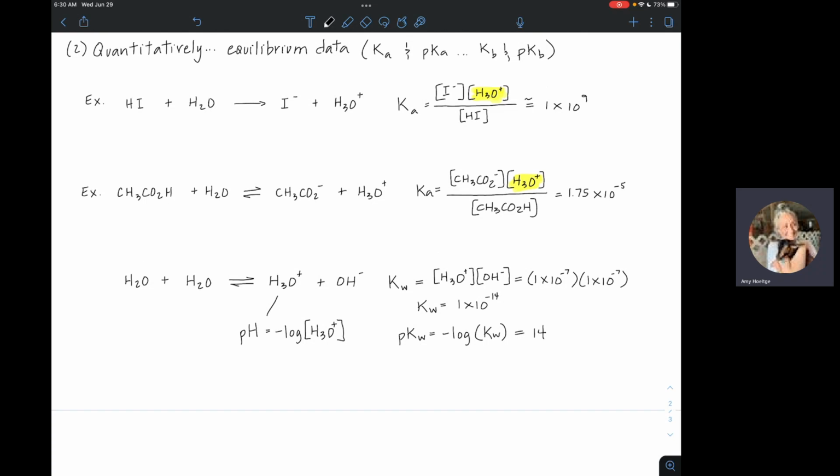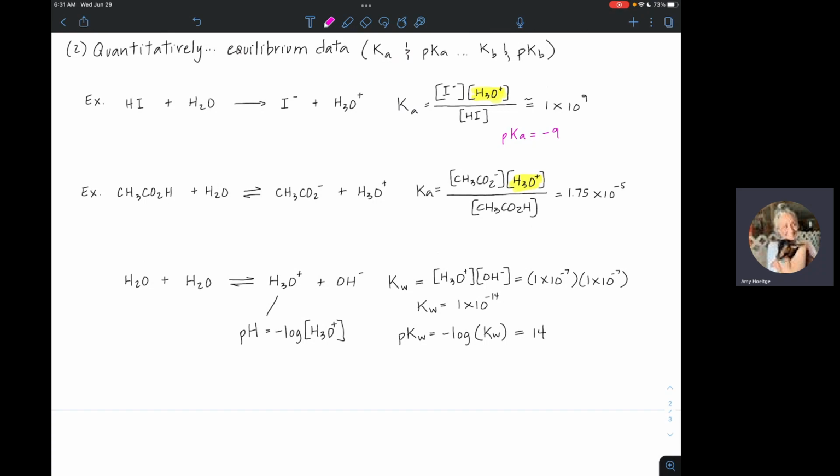If you haven't noticed yet, that little p in front is indicating a logarithmic relationship for us. So if you have a Ka value of 1 times 10 to the 9th, you have a pKa equal to negative 9. The negative log of the Ka is the pKa.